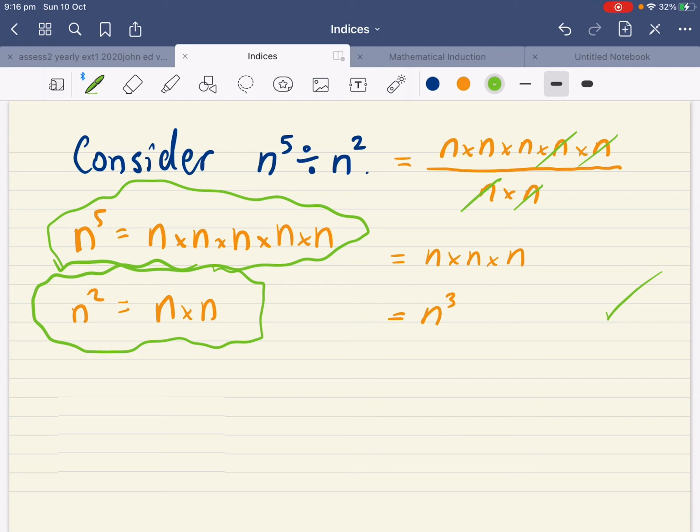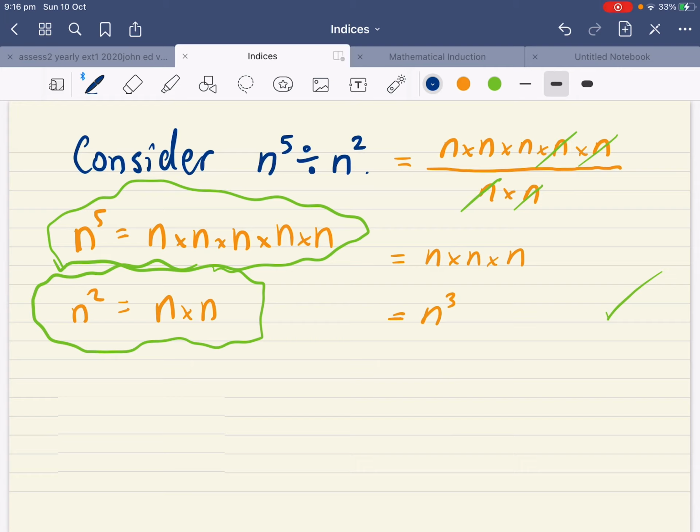But as I've been saying, this here, we did not use any index laws. We wrote out what it was, we did the cancelling, and we've used our full working out. What's great about the laws is they allow us to cut out all of this working out. The way index law number 2 works is this.